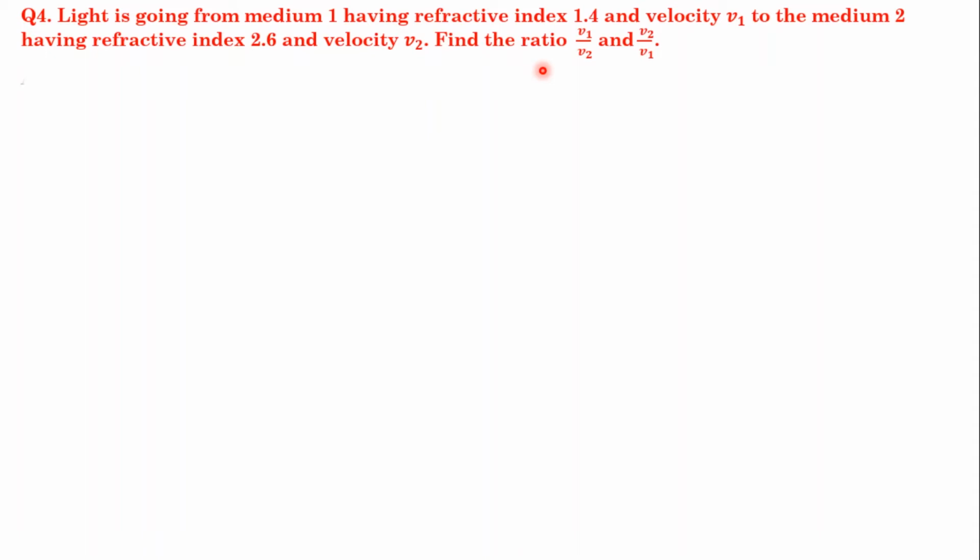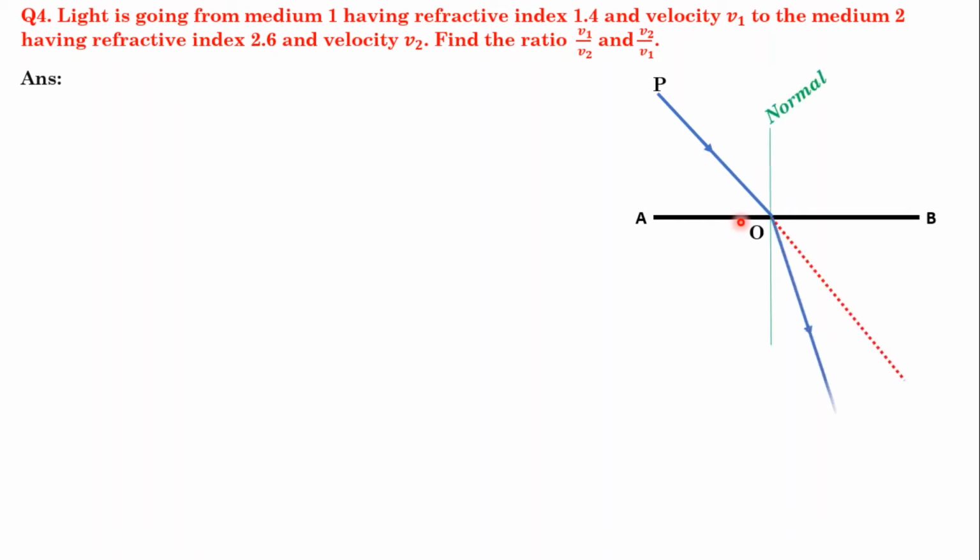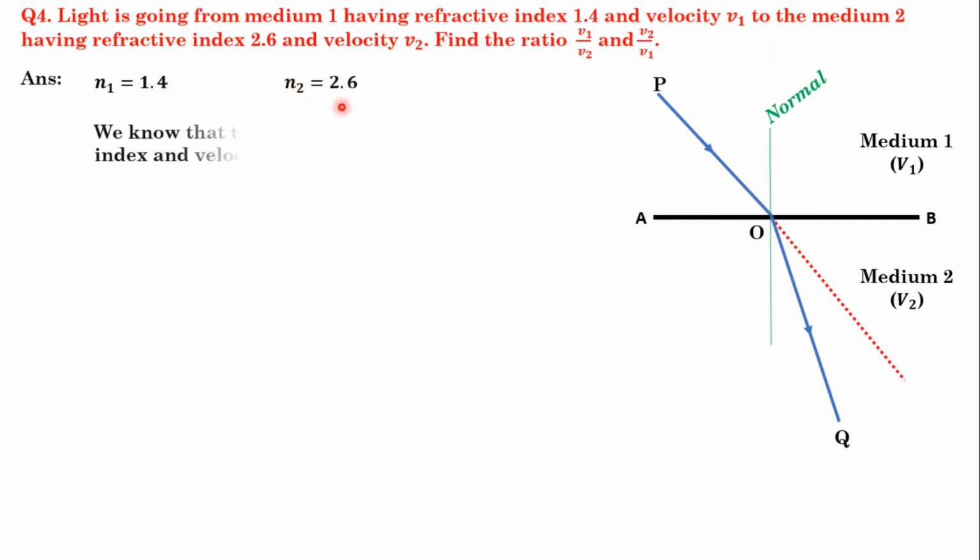Okay, so suppose we have an interface. Again, you know the figure. This is medium 1 having velocity v1, and this is medium 2 having velocity v2. Okay, so the refractive index of medium 1 is 1.4, and the refractive index of medium 2 is 2.6.